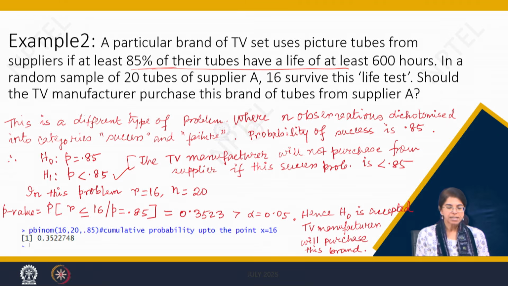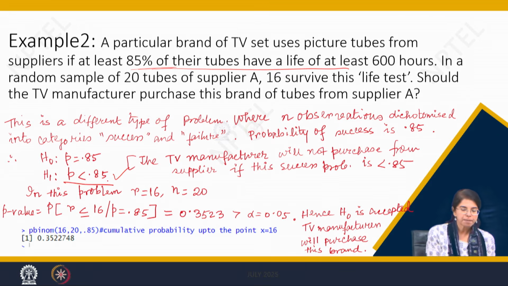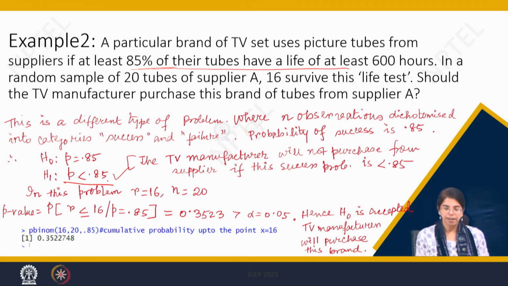So, success means a life of at least 600 hours and failure means a life of less than 600 hours. If this probability is less than 0.85, then the manufacturer will turn down the proposal. Clear?